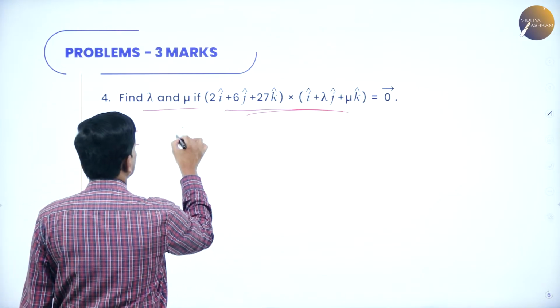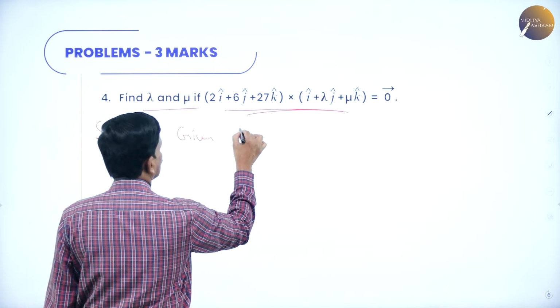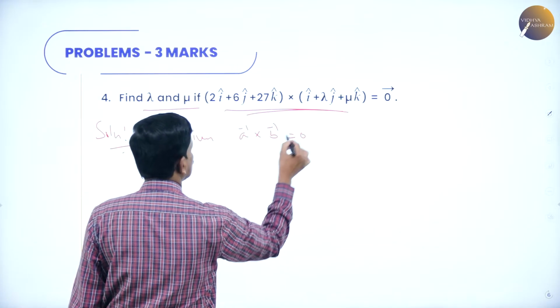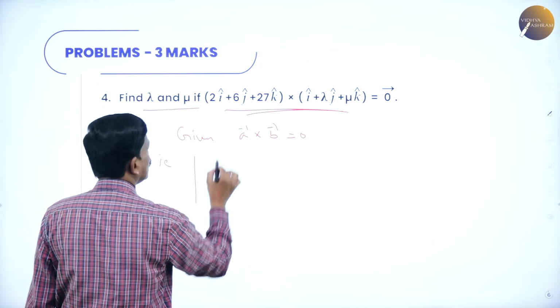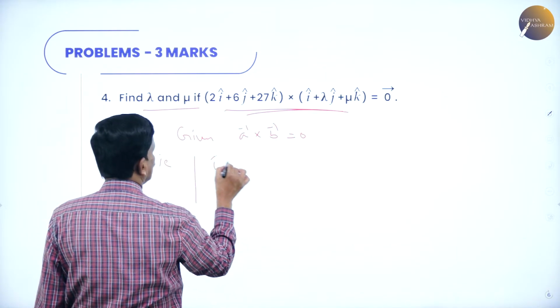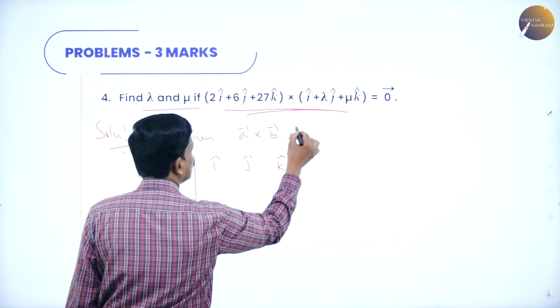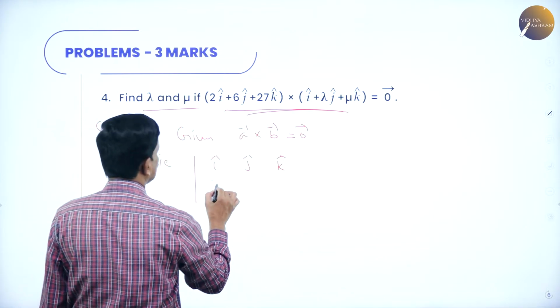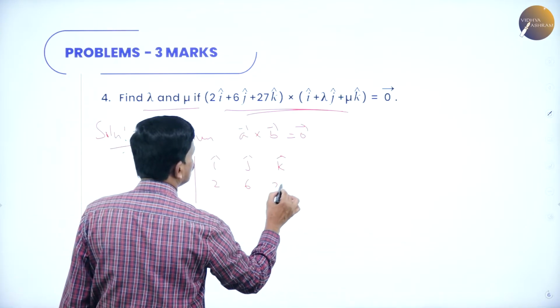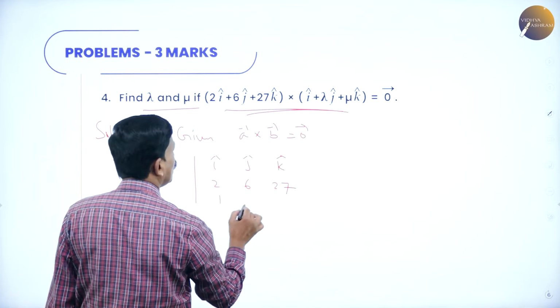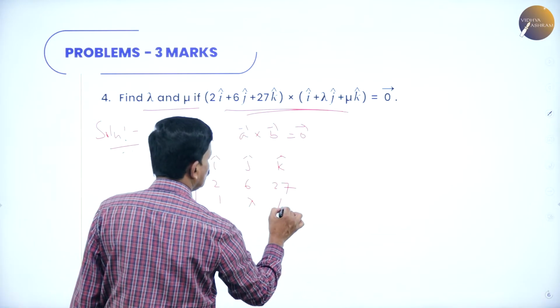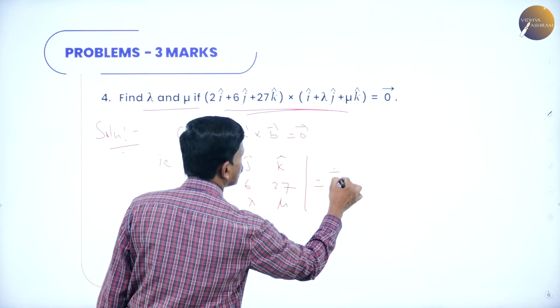Given the cross product A cross B is equal to 0. That is, write down the cross product with i, j, k, coefficients 2, 6 and 27, and 1, lambda, mu, equal to vector 0.